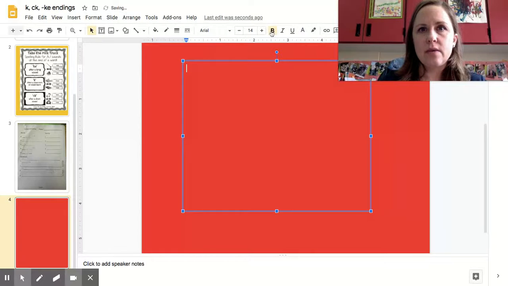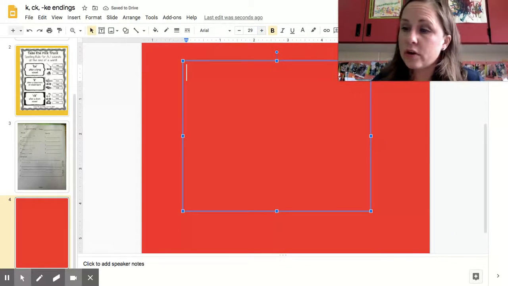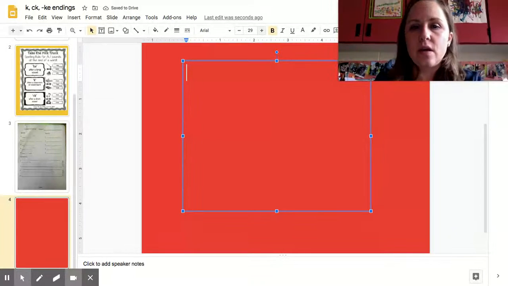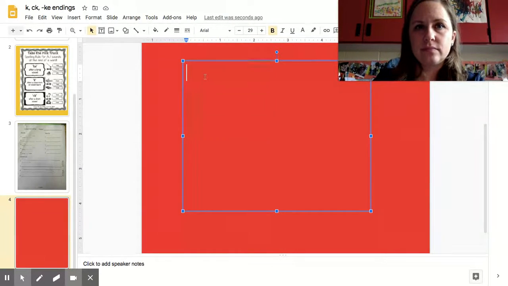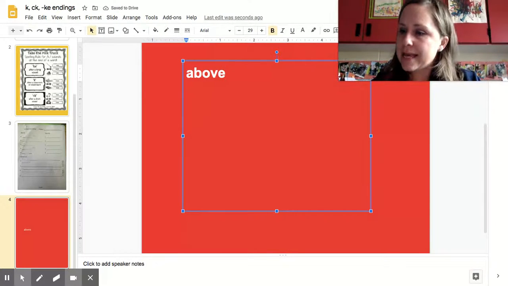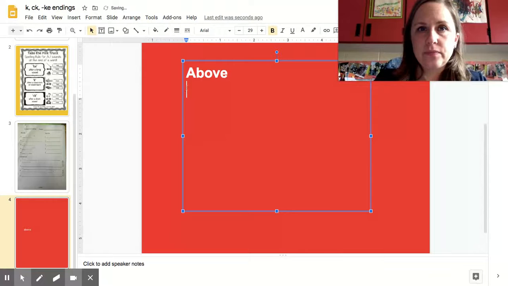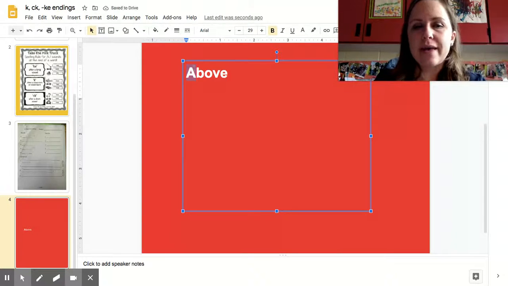Make it bold and larger. Okay, so our 2 review red words this week are above and because. Now, the computer automatically capitalizes that, but I'm going to change it. Okay, because.